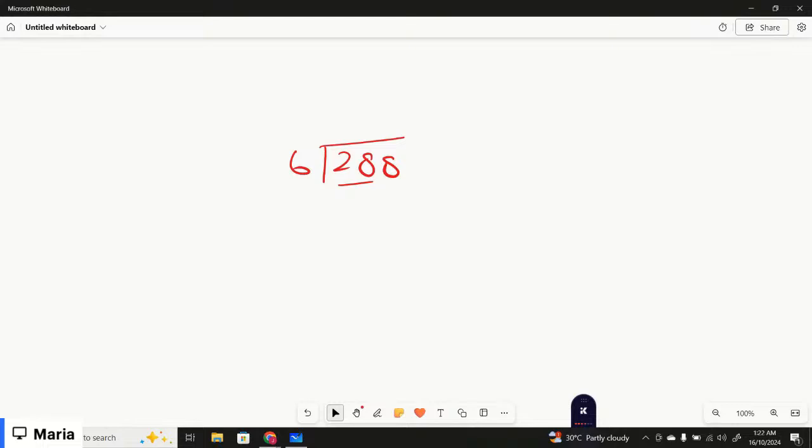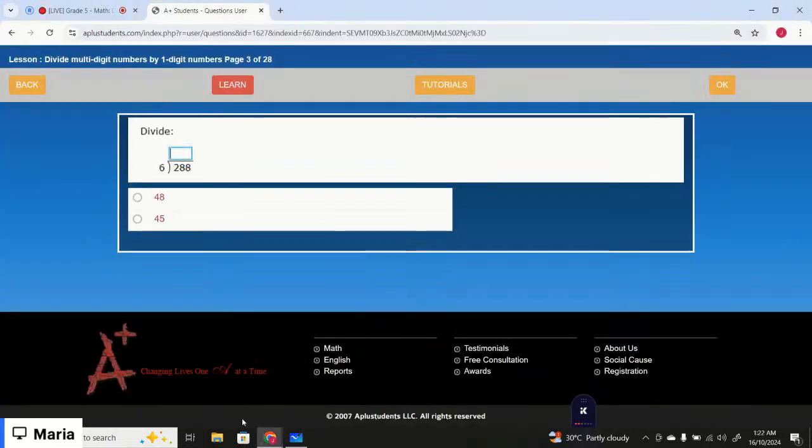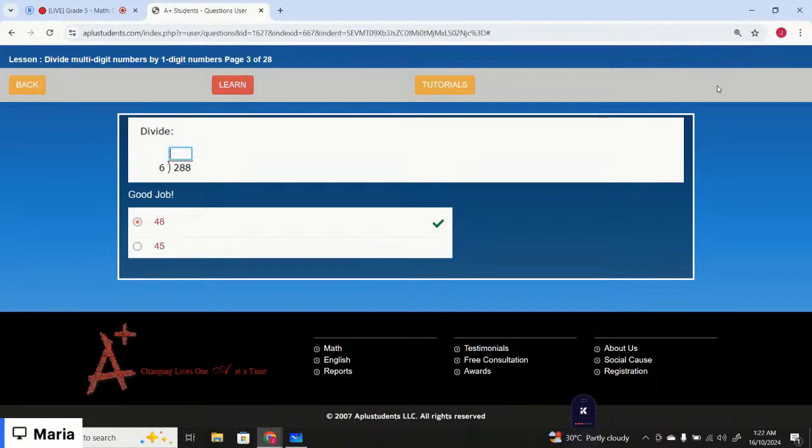So 6 times 4 is 24. 6 times 5 is 30, so you can go for 6 times 4, that is 24. 28 take away 24 is 4. Bring the next digit down. You need to count the table of 6 until 48, so 6 times 8 is 48. Very good. The correct option is 48. Option number 1 is the correct option.